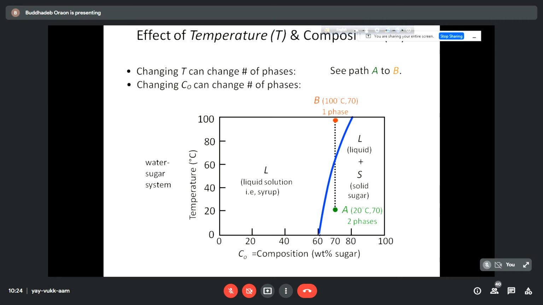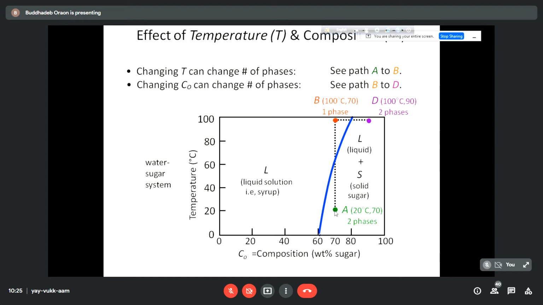So obviously, if you look at this diagram, there is an effect of temperature and composition on the phases. So here we have A, B, and D. The AB line, a vertical line. So what we are doing, we are keeping the composition constant. Let us say at 70%, composition remains constant, but we are changing the temperature only.